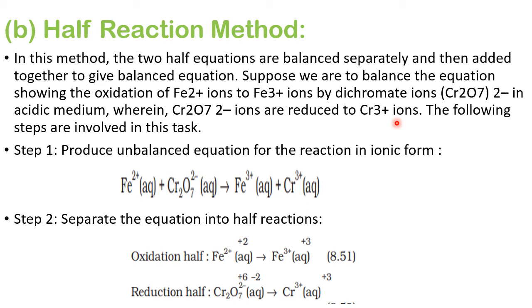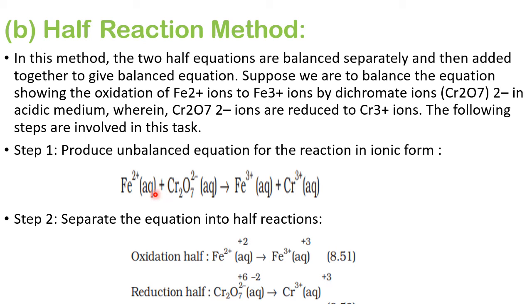Now, first what? First write the main equation or ionic skeletal equation. Fe2+ plus Cr2O7 2- gives Fe3+ plus Cr3+. This is the main skeletal ionic equation.